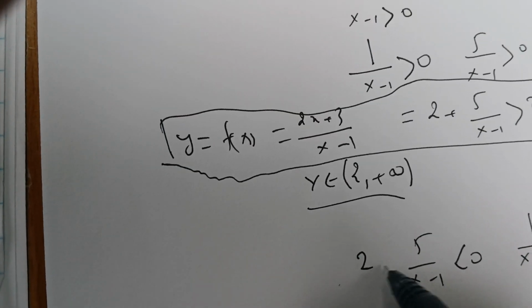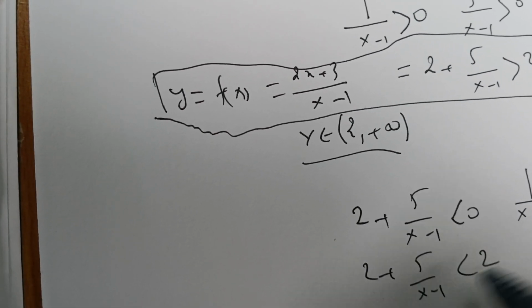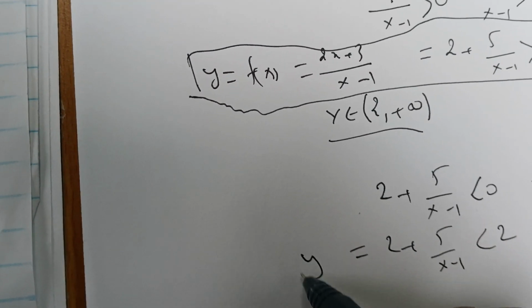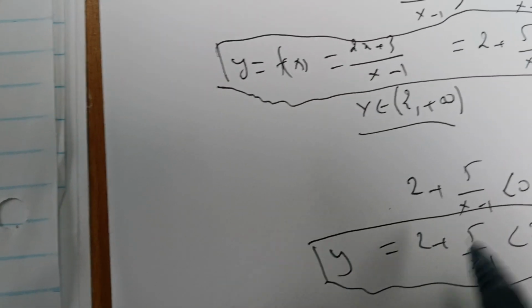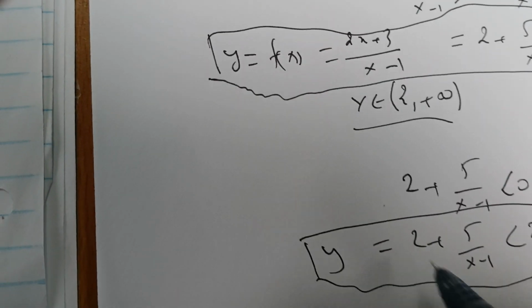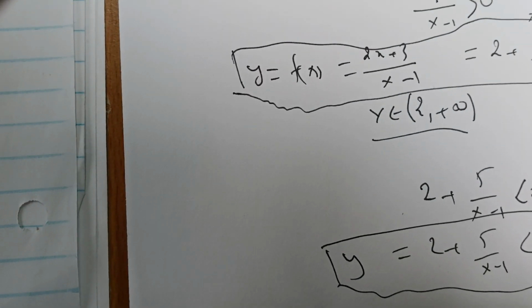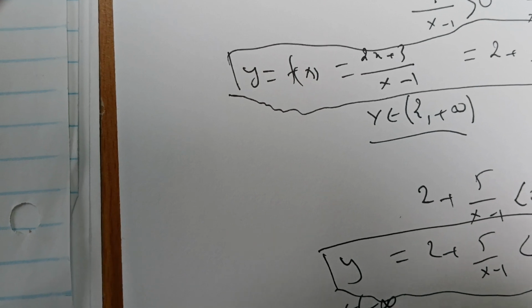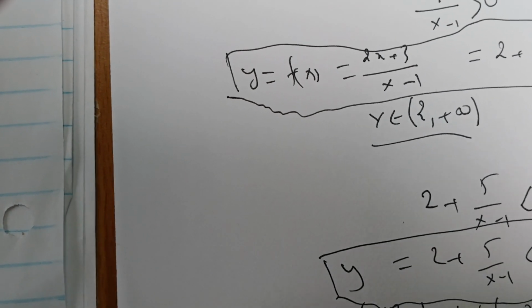Adding 2 to both sides, we have 2 plus 5 over (x minus 1) is less than 2. That means y is less than 2. So when x is in minus infinity to 1, y is in minus infinity to 2.